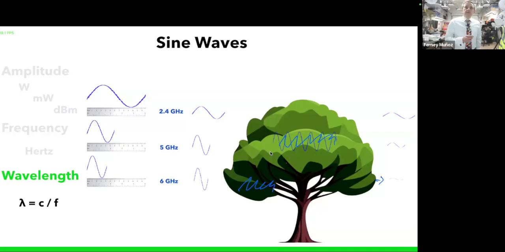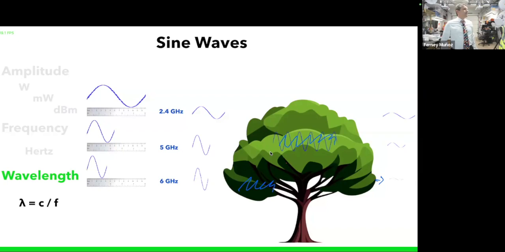The waves have a size. Now we know where the size, the length, the wavelength comes from. Getting the speed of light divided by the frequency, you cancel some units and you end up with waves that are 12 centimeters or 6 inches and so on and so forth for the other ones.